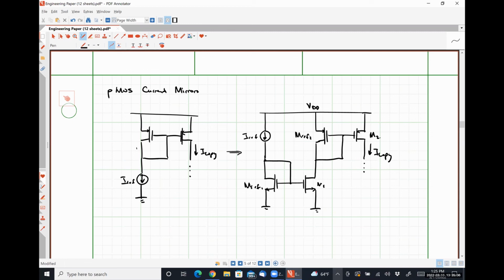All right, so I feel like that's a good stopping point for me today. For Monday's class meeting, originally I had said that we were going to talk about Cascode current mirrors, Wilson current mirrors, and Widlar current mirrors.